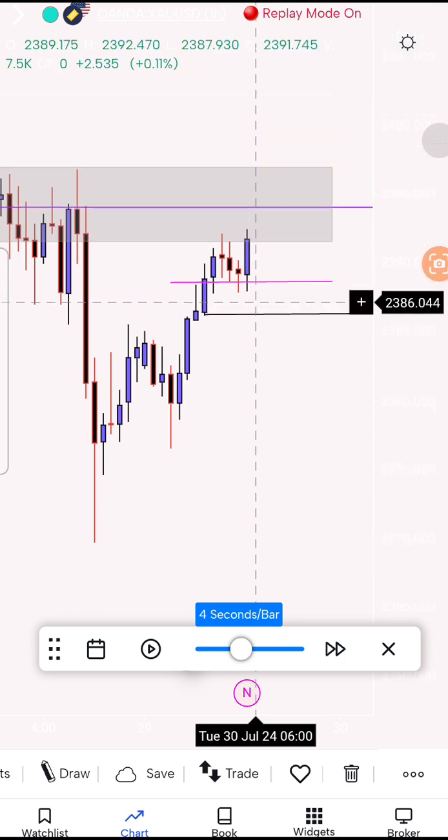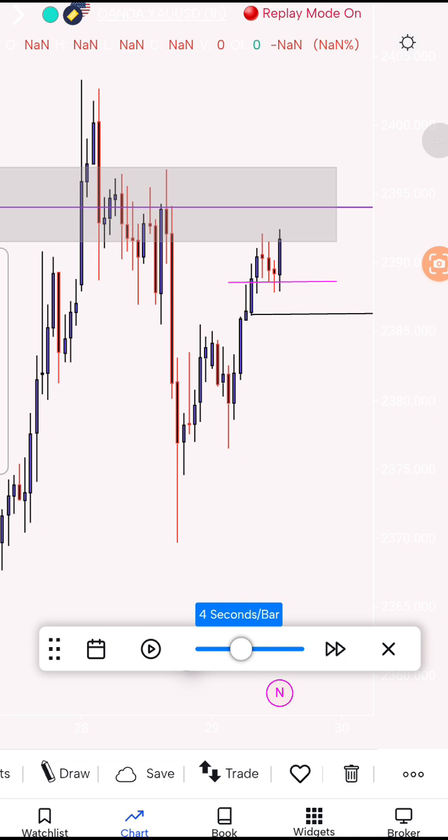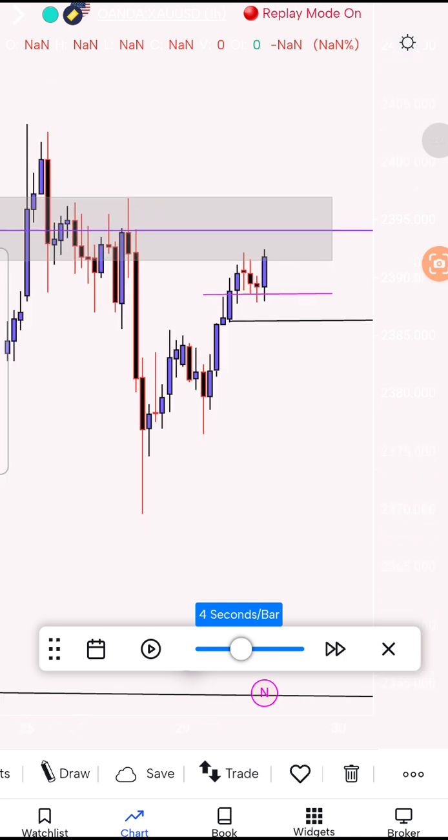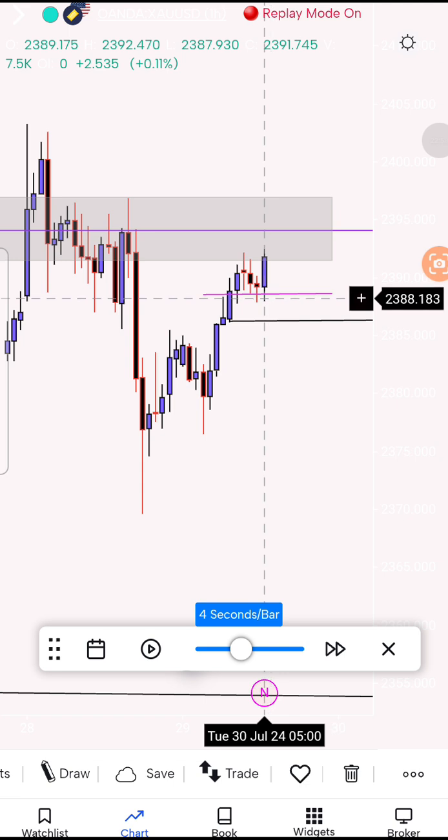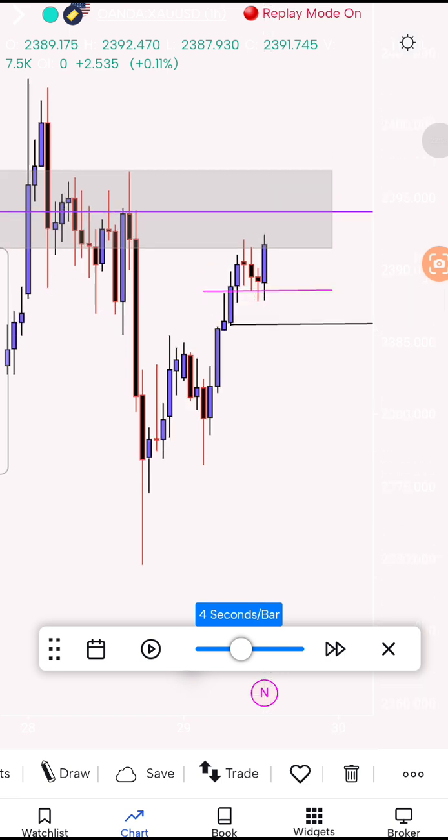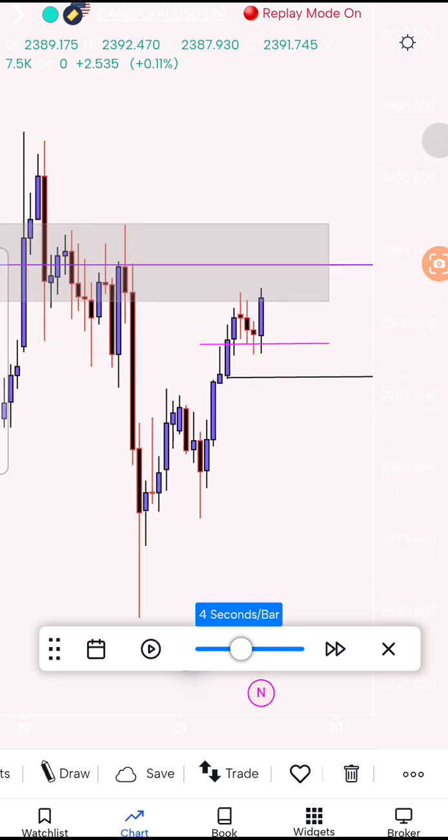Then we have that candle closing above the 3 consecutive down close candles of the immediate rebalance. So with that, if I'm really aggressive, I want to see a fair value gap being confirmed.